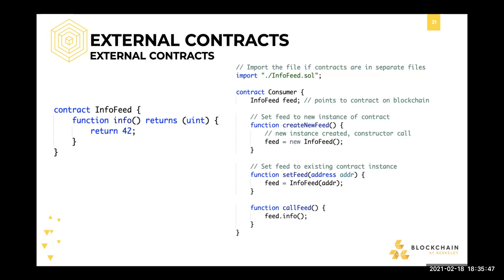It seems like you're passing into a constructor for InfoFeed, but I don't understand the syntax. What happens is that you're setting feed to an existing instance. Imagine that we already have a contract. What we're doing is turning that contract into an InfoFeed. Okay, I see.